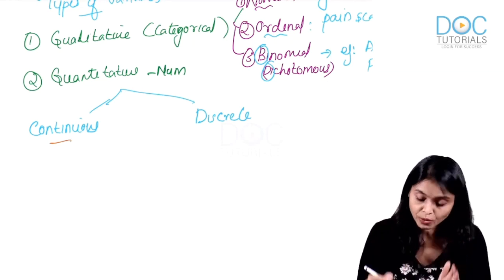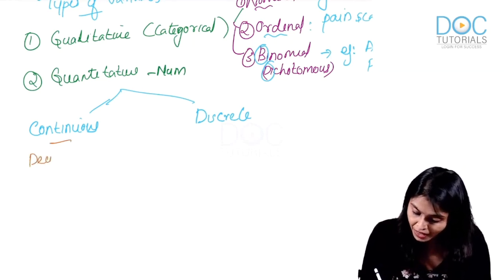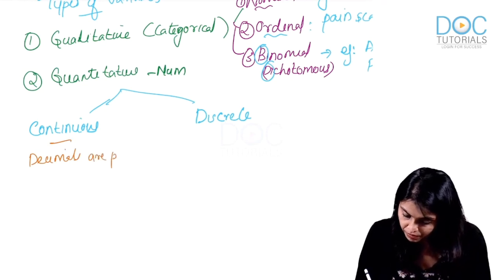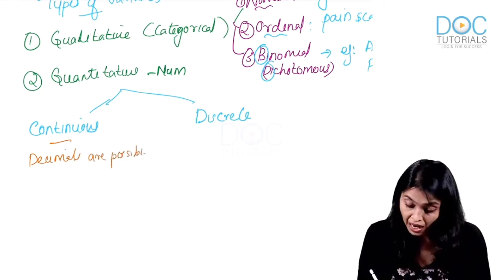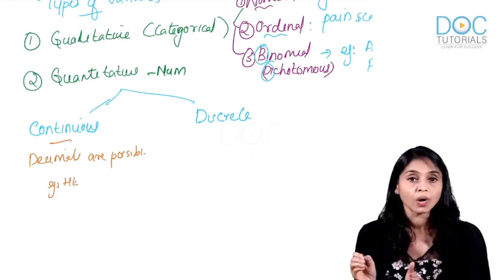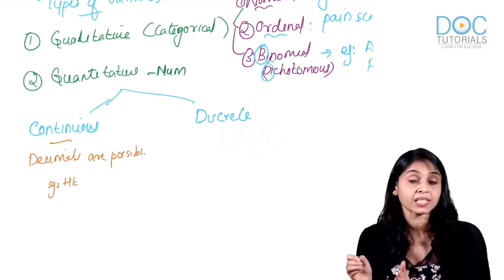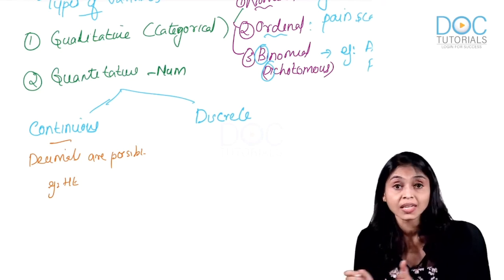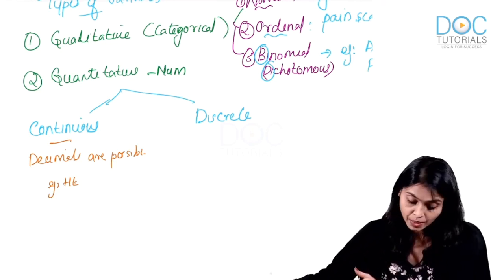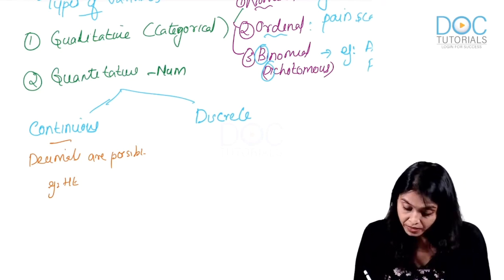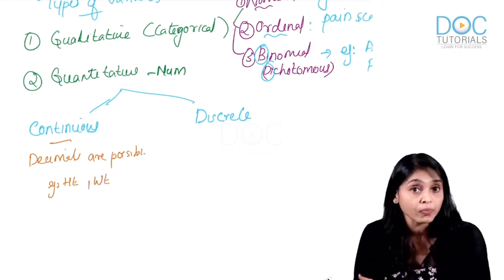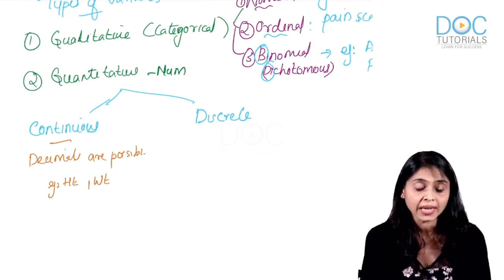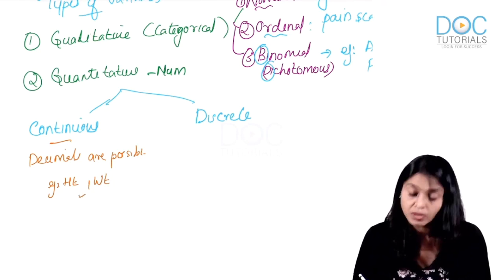The easiest way to remember is decimals are possible. As in the case of height. Decimals are possible, right? 177.1, 177.2, 177.3. So any number of decimals are possible. Weight, again, any number of decimals are possible if you have a very sensitive machine, right? So these are examples of continuous.